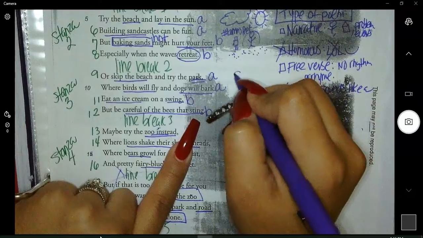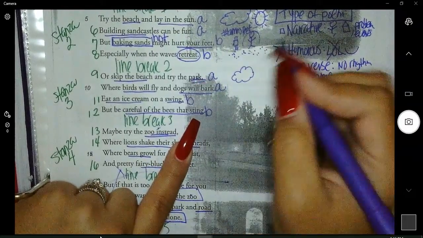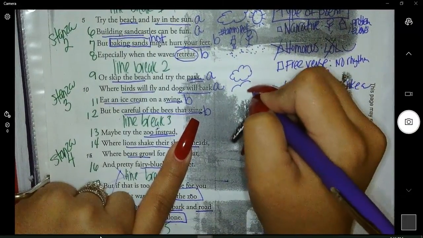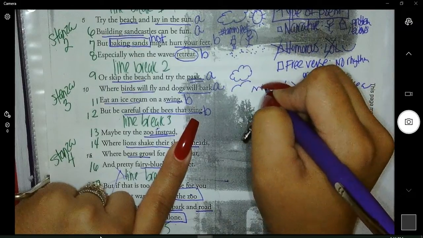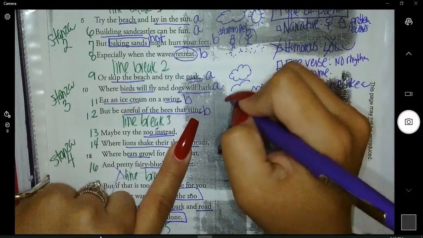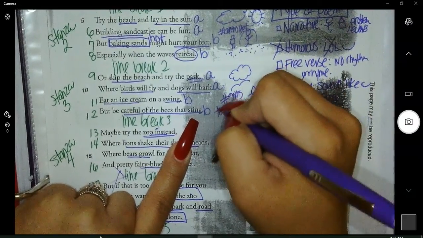So here I can do a little cloud. Because remember, they're going to the park. And I can draw a little bird. You could also draw a little dog. I'm going to put here hashtag going to the park.